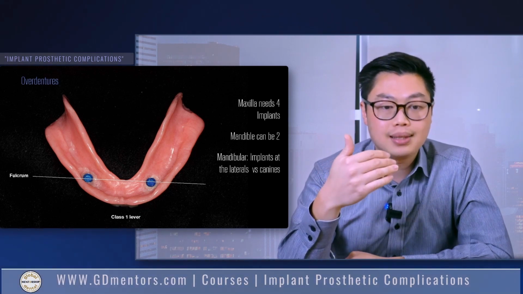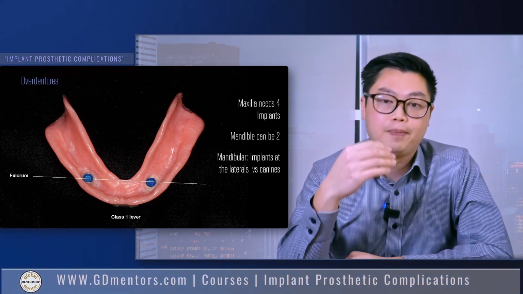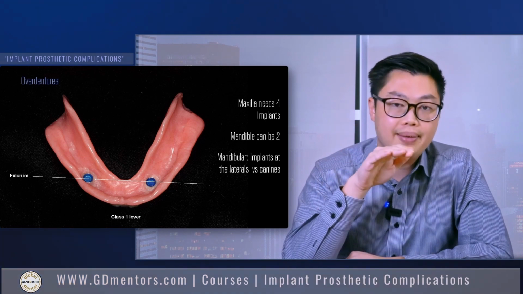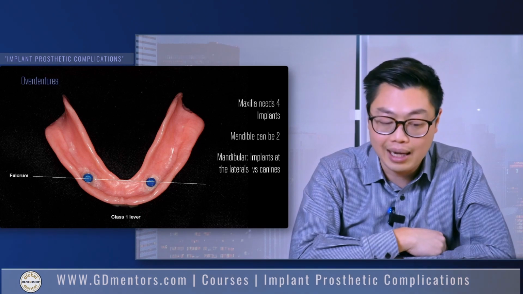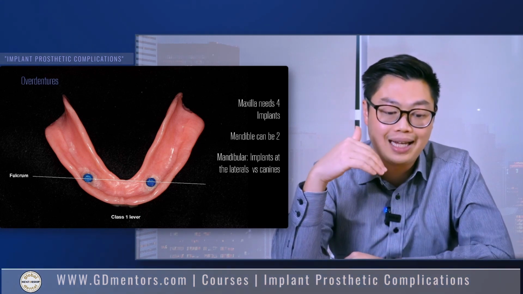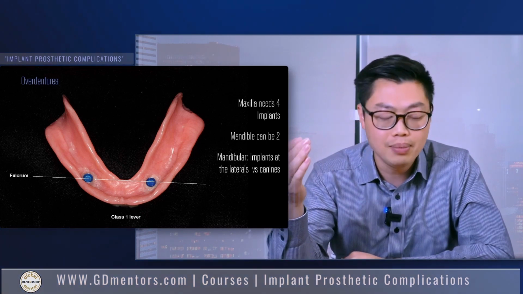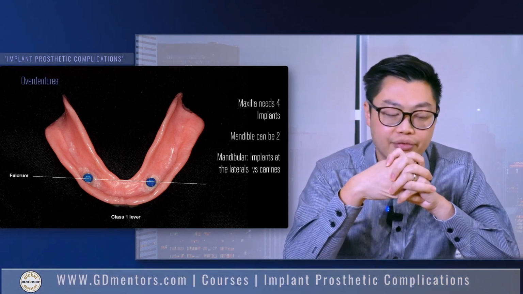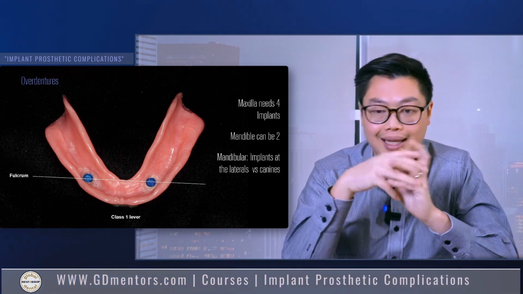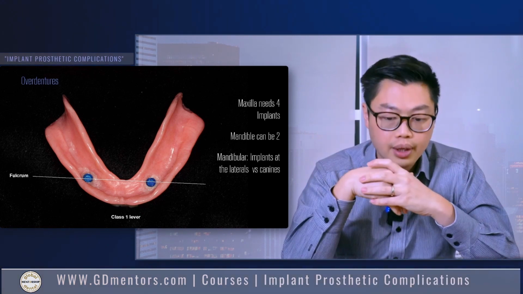When the patient bites, even though they're not supposed to bite in the front, most patients will, and the denture is going to basically seesaw around the canine implants. That's what we call a class 1 lever system, and if they bite hard enough, the denture can crack in half, and most patients will just complain that the denture is rocking back and forth.